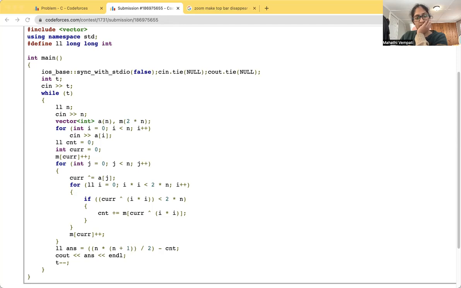So there are two arrays. No, actually just one array M of size.